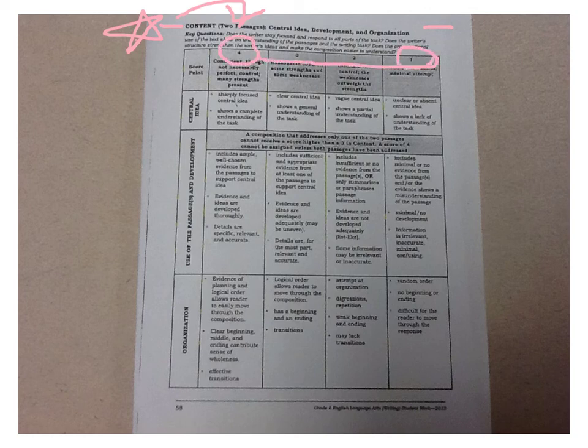So of course it's broken down into your central idea. You want to make sure you understand the prompt and you write with a clear main idea. The second portion is based on plenty of well-chosen evidence that really supports your ideas and your thoughts, and the details are specific, relevant or important to your topic, and accurate, factual.